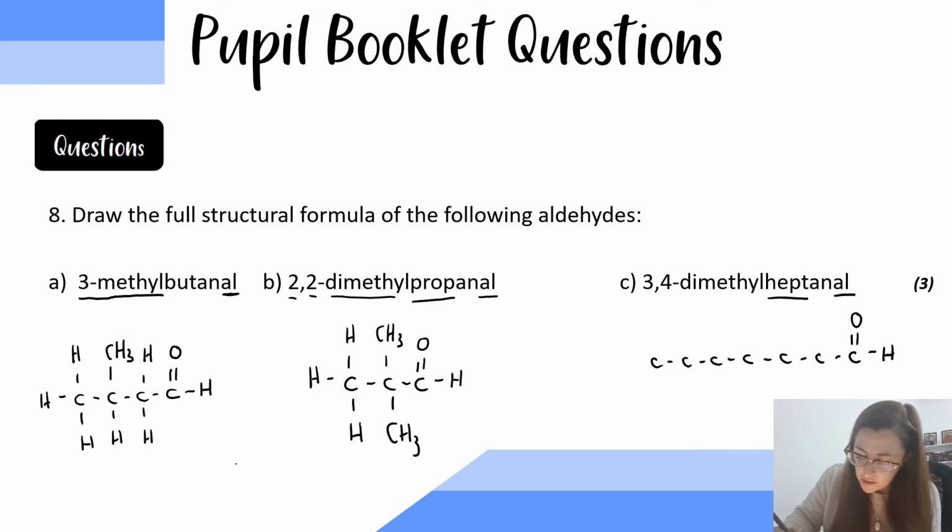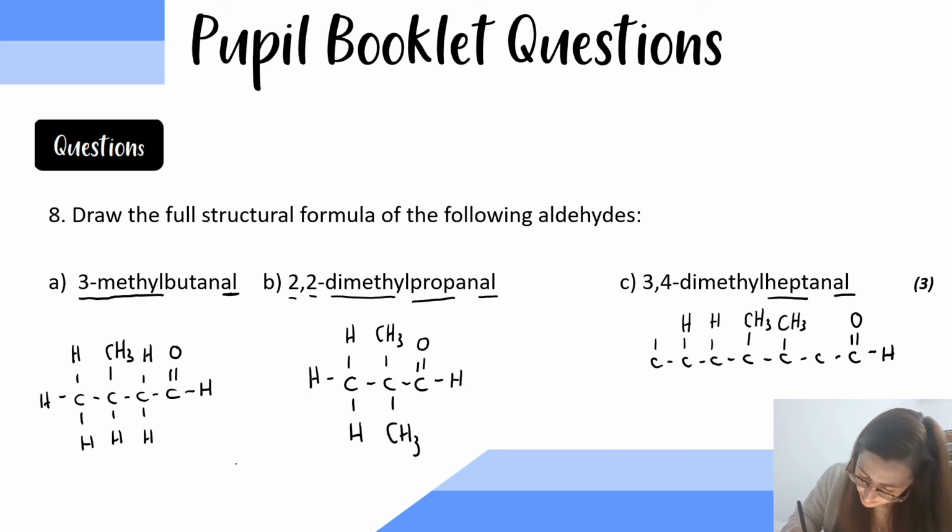Carbon 1, carbon 2, carbon 3, carbon 4. So there's a CH3 on carbon 3 and a CH3 on carbon 4, and I can fill in all of my hydrogens for the rest of my carbons. So check your own and make sure you've got them all correct. Give yourself a little tick if you've got them all correct.